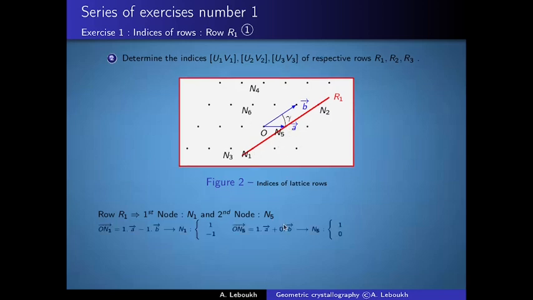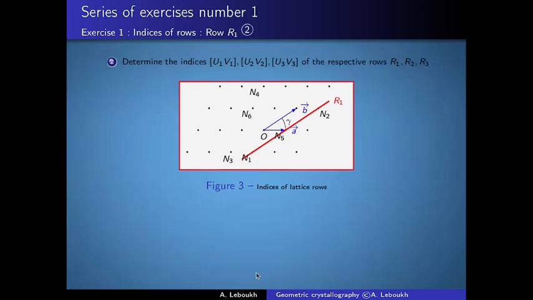To find U1 and V1, we have to do the difference between the coordinates of N5 and the coordinates of N1. U1 equals U5 minus U1 equals 0, and V1 equals V5 minus V1 equals 1. And the row R1 will be denoted [0,1] within brackets.